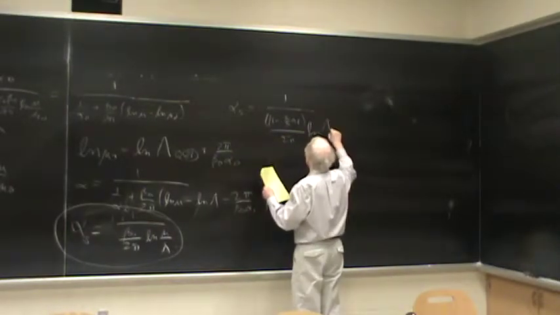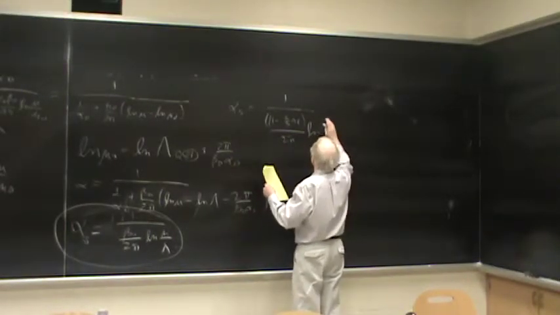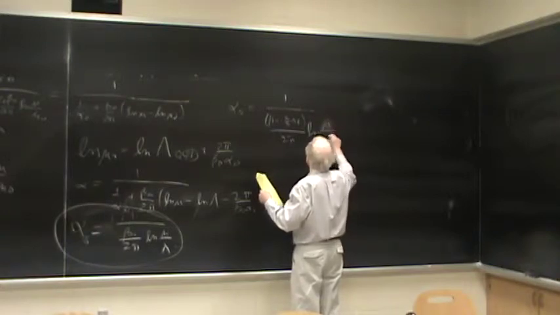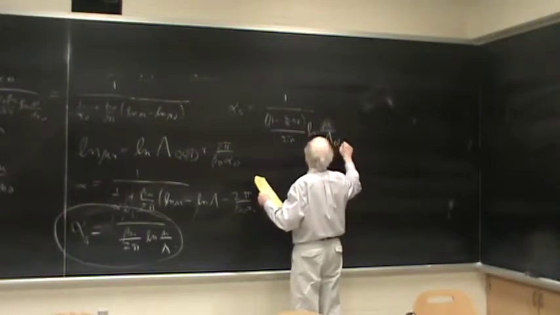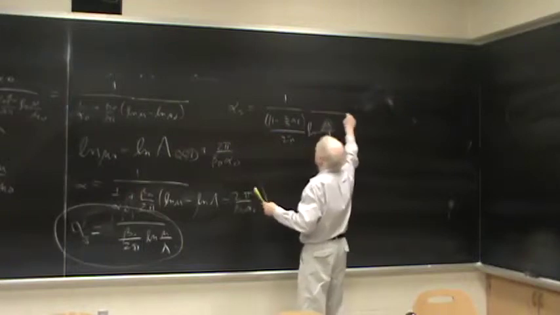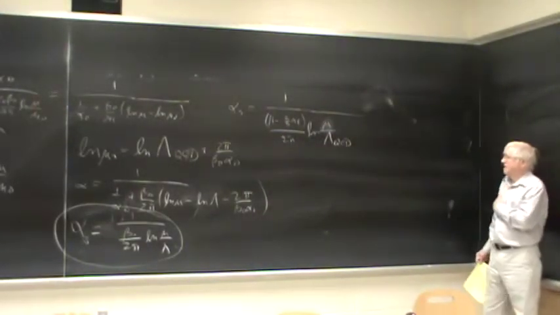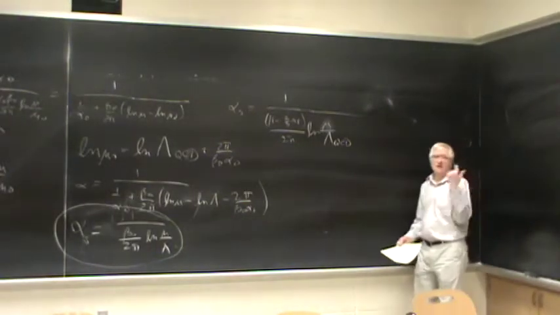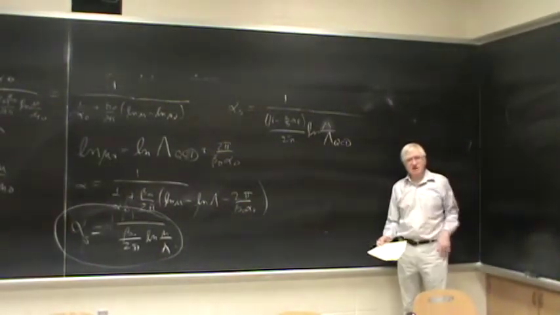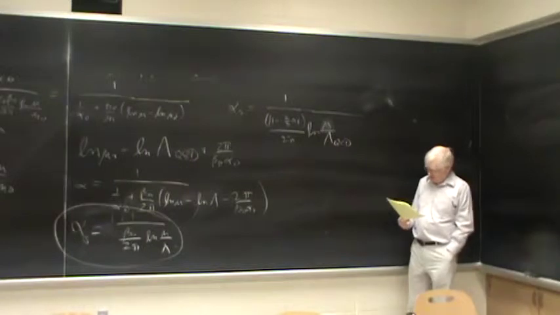times log mu over lambda QCD. Okay. So the running coupling constant decreases as mu goes to infinity, it decreases logarithmically like an inverse log.